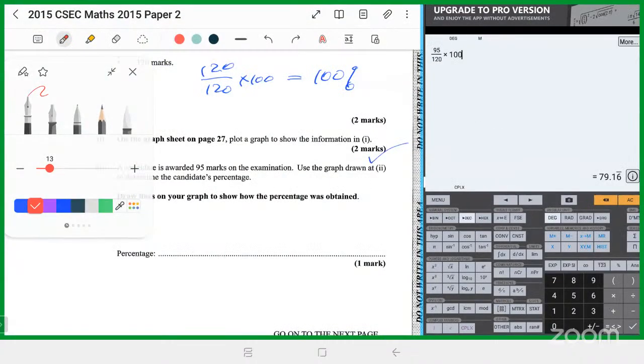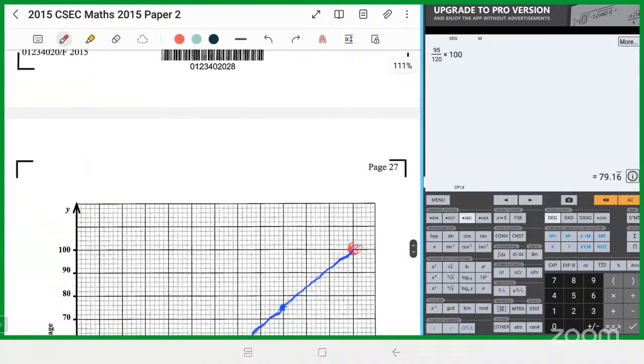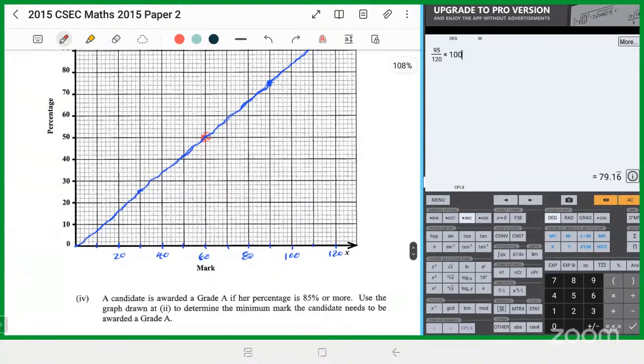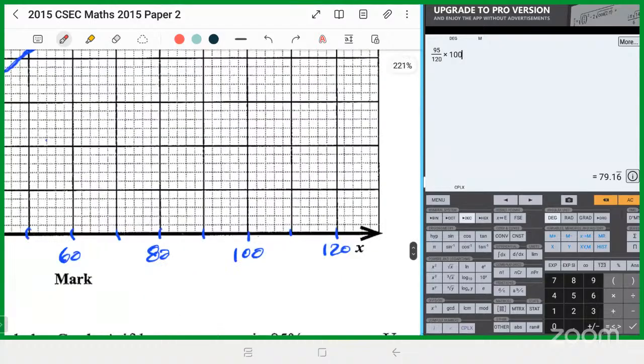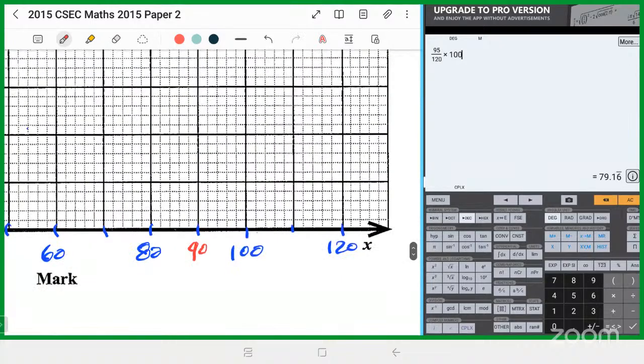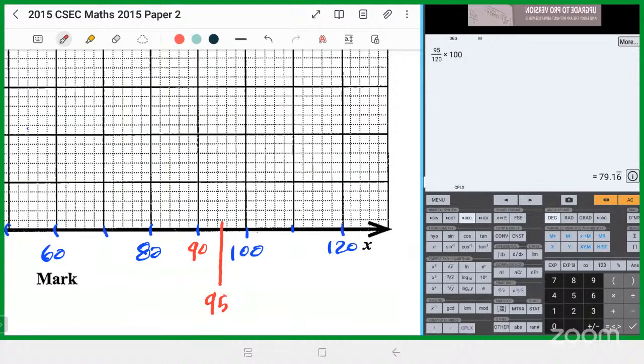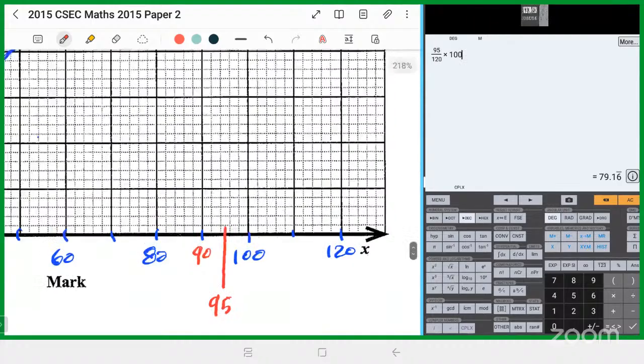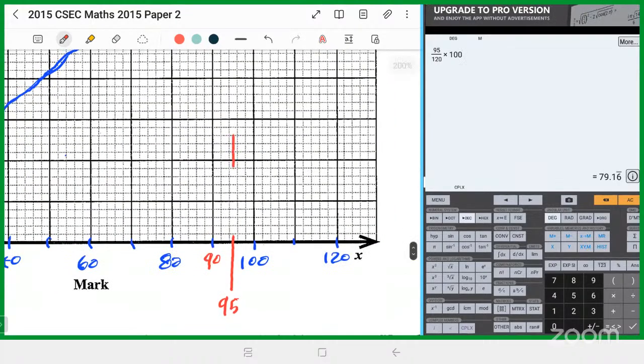So come on the graph down here, find the 95 marks. Where's the 95 marks? Here will be 90, so 95 will be right here between the 90 and 100. That will be 95 marks, right? So coming up on the graph right between these two lines, that's the 95 marks line.